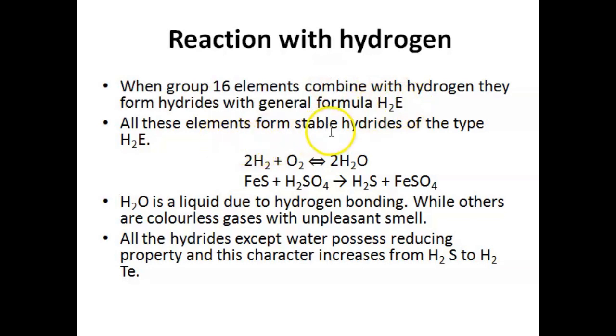All these elements form stable hydrides. For example, H2 reacts with O2 to give H2O. FeS plus H2SO4 gives H2S plus FeSO4. H2O is a liquid because of the presence of hydrogen bonding, while the others are colorless gases with an unpleasant smell.